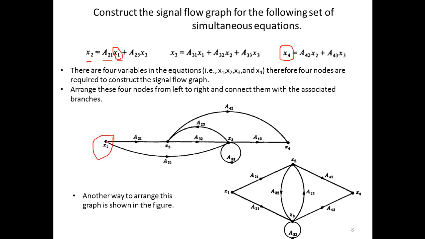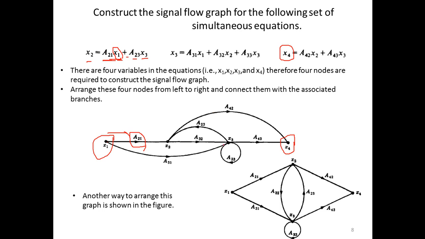You draw this x1 circle, a solid filled circle with x1, and you make x4, that is solid filled x4, that shows the output. This x1 is basically the input, and this next x2 is basically the multiplication of a21 with x1, in addition to a23 multiplied with x3.